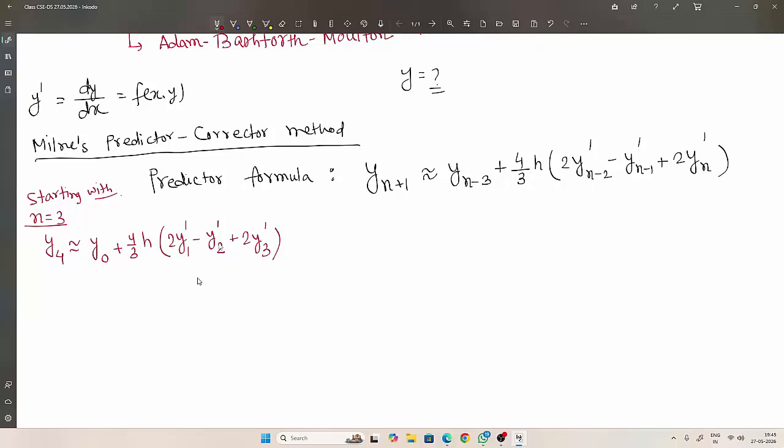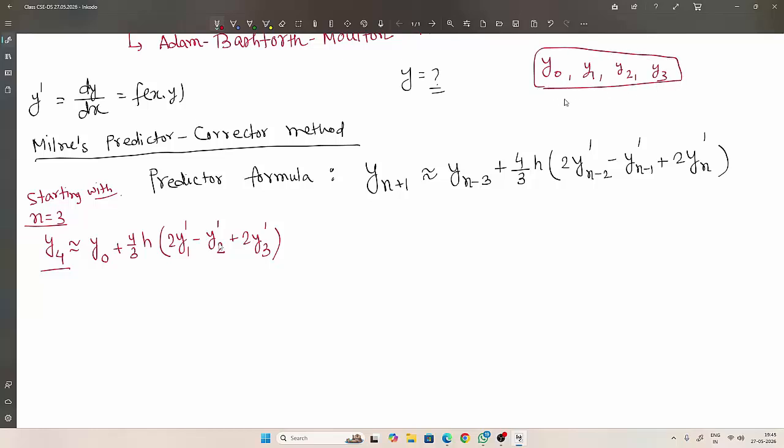Now I think you have already realized that to find y4, it is using 4 previous levels like the 0 level, 1 level, 2 level and 3 level values. That means before finding y4, you need to know all these values. What is y0, what is y1, what is y2 and what is y3.